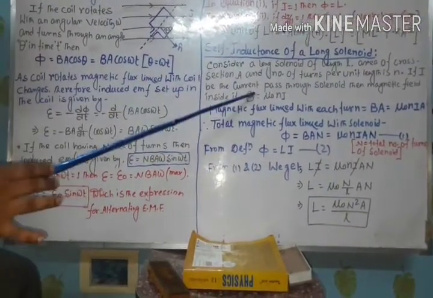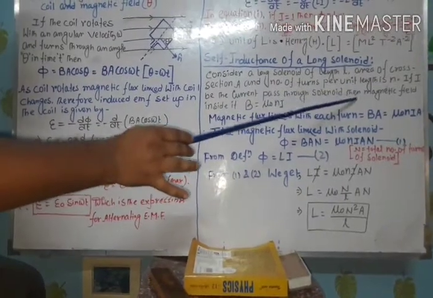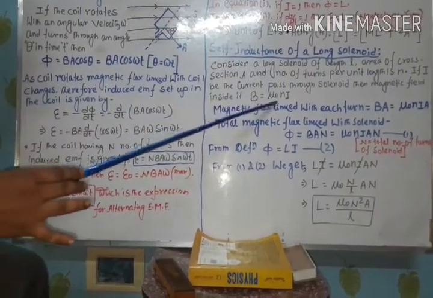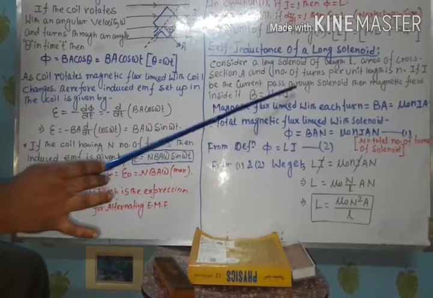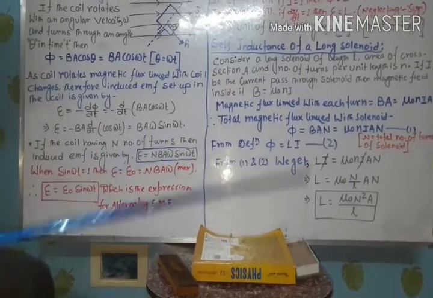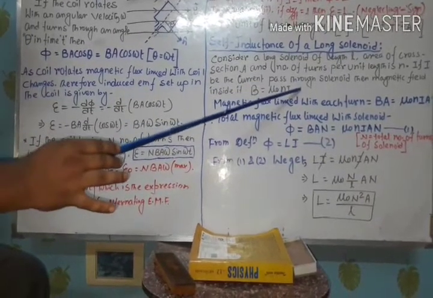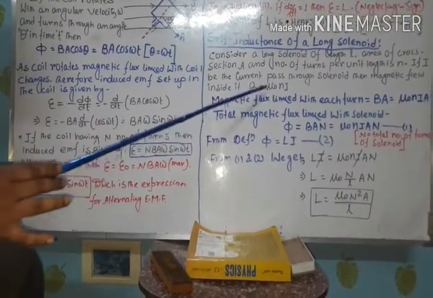If I is the current passed through the solenoid, then the magnetic field inside the solenoid is given by B equals mu naught n I.